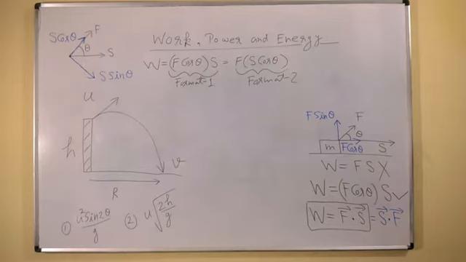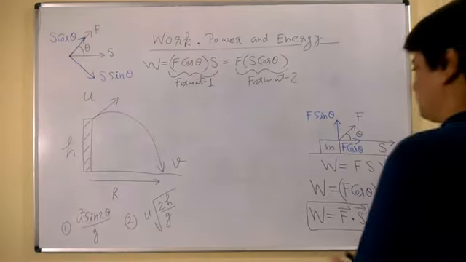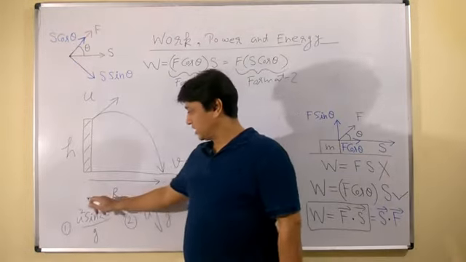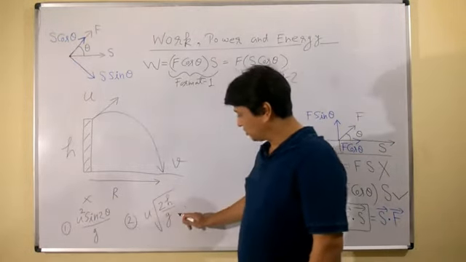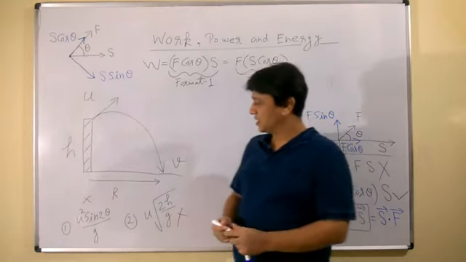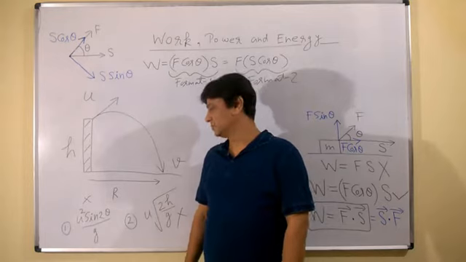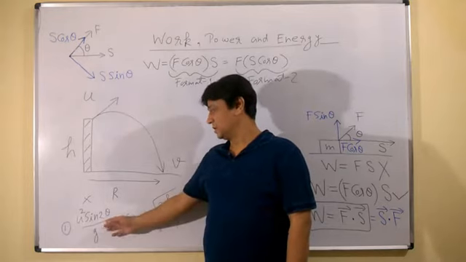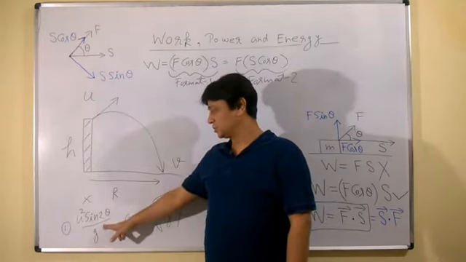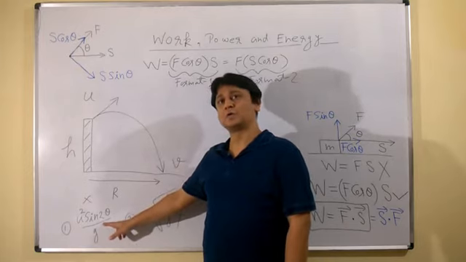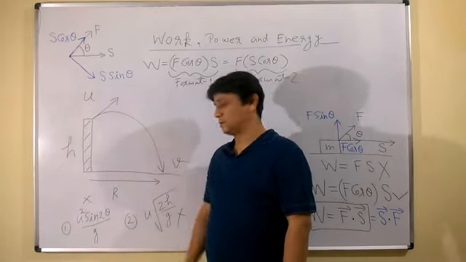Only one person so far has correctly answered it. Neither this nor this. केवल एक बच्चे ने इस चीज को करेक्टली पिन पॉइंट किया. गुड. बाकी लोग, this is used for ground to ground. That's not ground to ground.